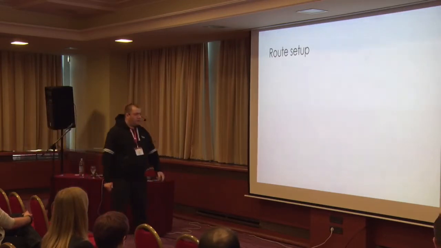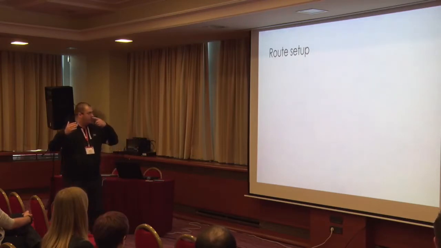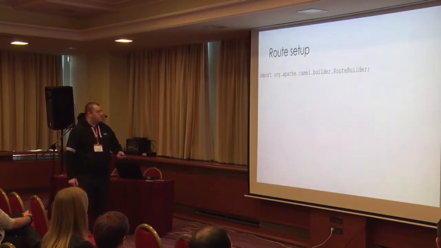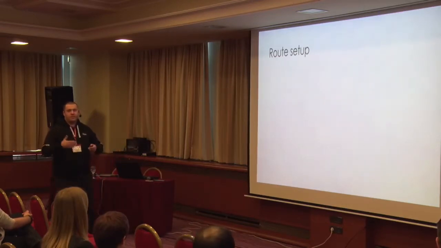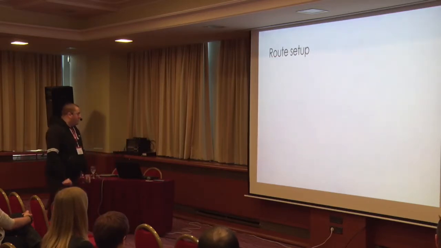Okay, so for convenience, I didn't place any XML-based examples, just because they're usually quite large. What I did here is something that is mostly prepared for Spring Boot support. Apache Camel has great support for Spring Boot.